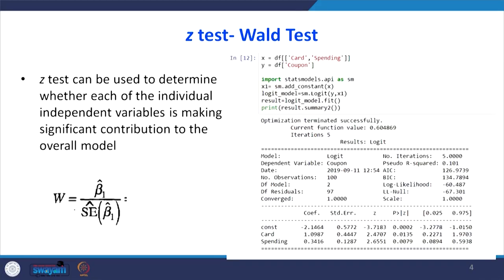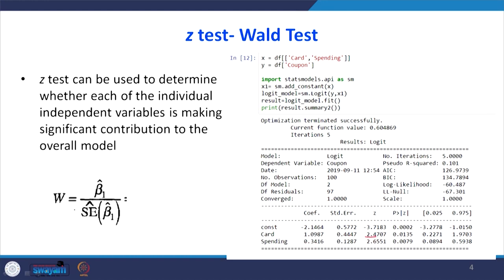Z test or Wald test. Z test can be used to determine whether each of the individual independent variables is making a significant contribution to the overall model or not. For example, how we got the Z value: if you divide 1.0987 by 0.447, you will get this Z value.